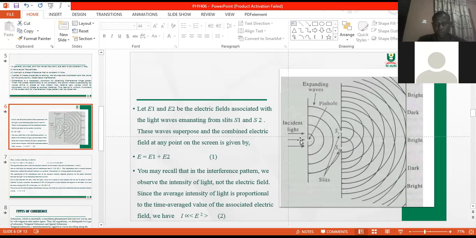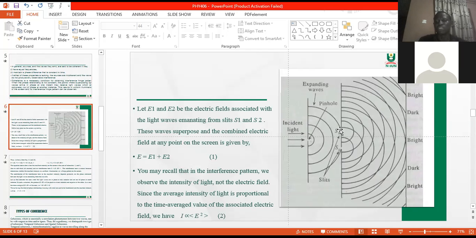Good. Now, we can see a light incident on a surface and it's passing through a pinhole. Now, let's look at this. So let E1 and E2 be the electric fields associated with the light waves emanating from slits S1 and S2.